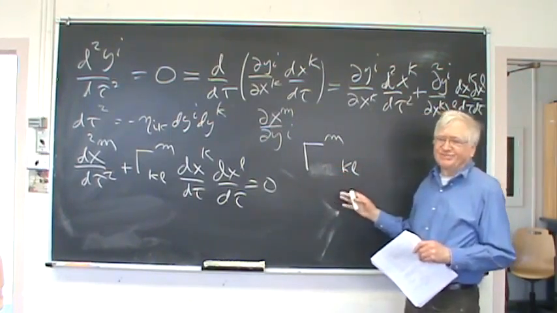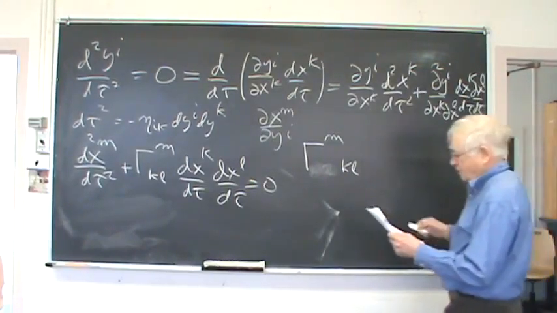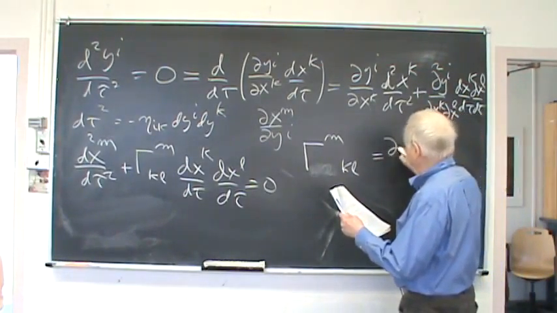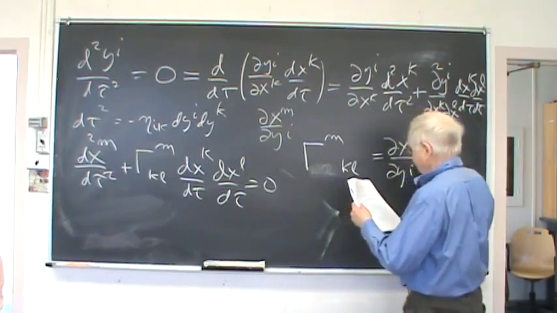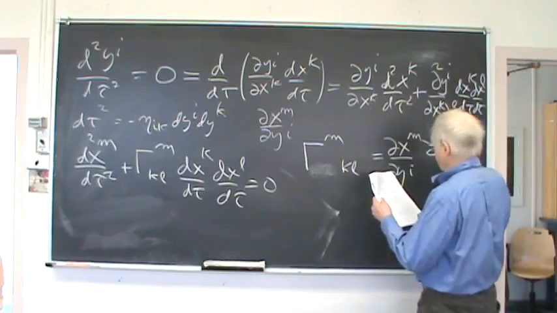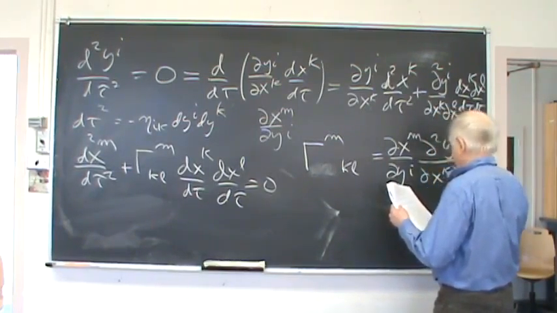So this is technically a more correct way of doing it, but I don't think anyone was puzzled. So this is partial xm partial yi, partial 2 yi partial xk partial xl.